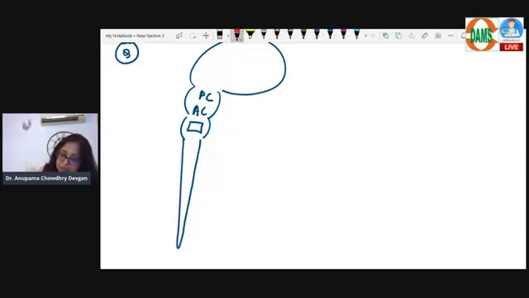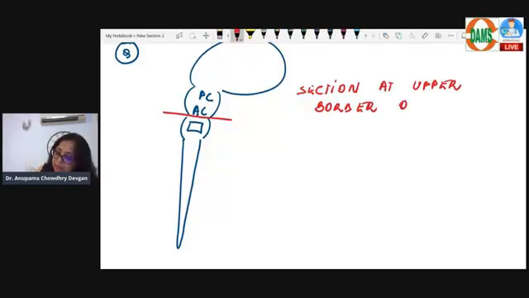Now, if I do a section at the upper border of the medulla, that means no limbic system control, no cortical control, no pneumotaxic, no apneustic center control.